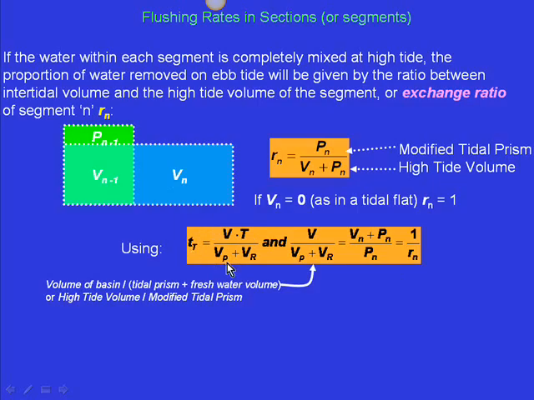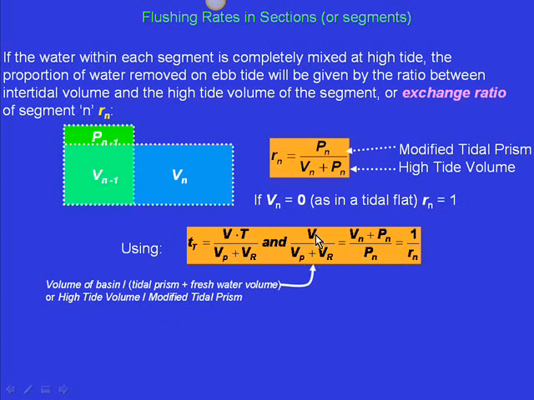So using that definition and using the fact that V over Vp plus VR, which represents the volume of the basin divided by the tidal prism plus the freshwater volume, is also equivalent to the high tide volume here divided by the modified tidal prism.